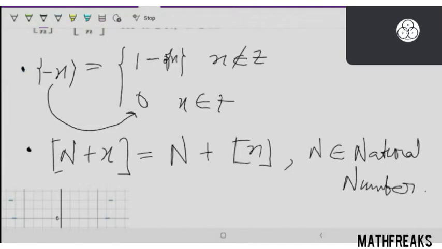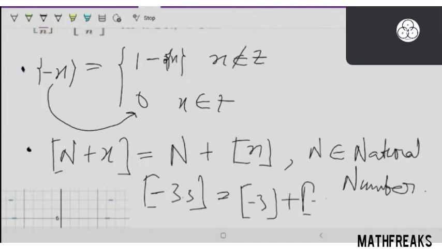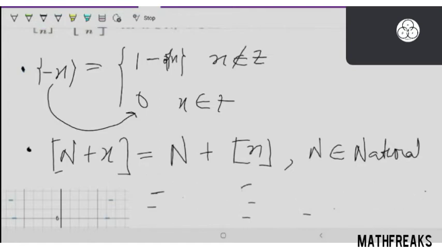Now I want to know whether it's true for integers also. Let's check for a negative number. Yes, so this is true for any integer. Here n belongs to integers. This concept of natural number is wrong. n belongs to integers.